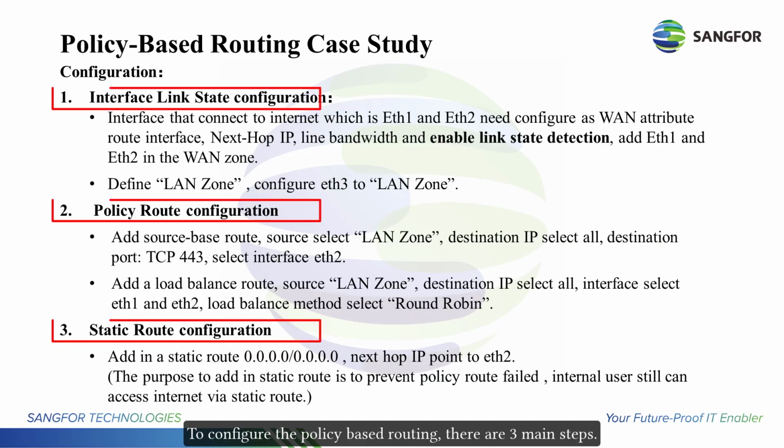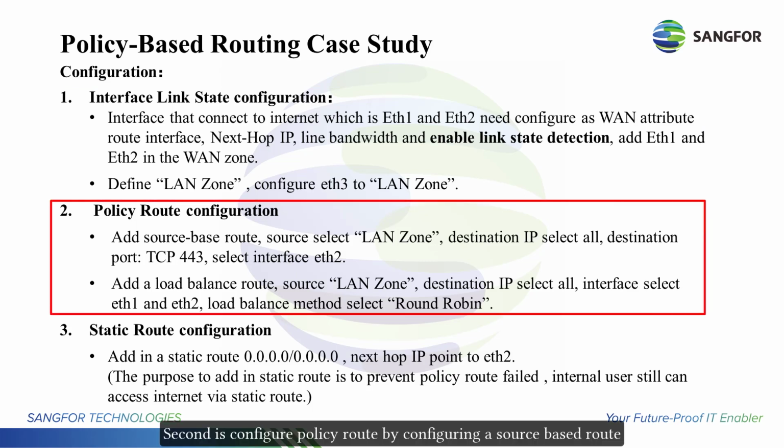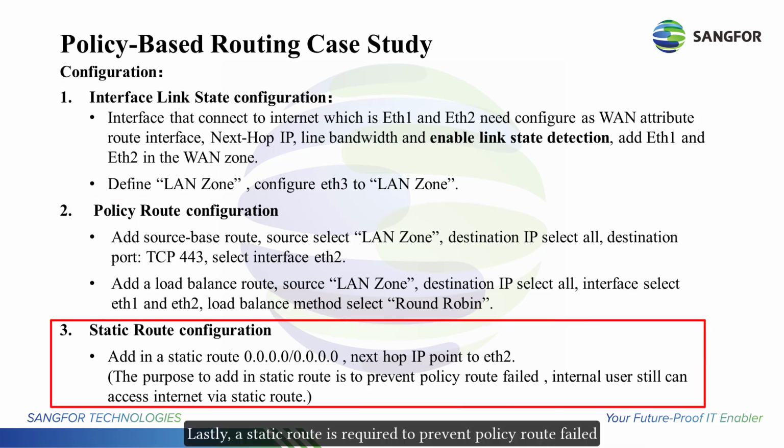To configure policy-based routing, there are 3 main steps. First is to configure the interface link state after the interface and zone are configured. Second is to configure the policy route by configuring a source-based route and a load balance route and selecting the round-robin method. Lastly, a static route is required to prevent policy route failure and ensure the network will be available.